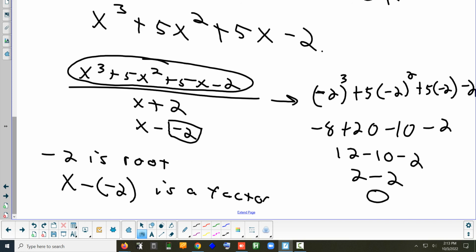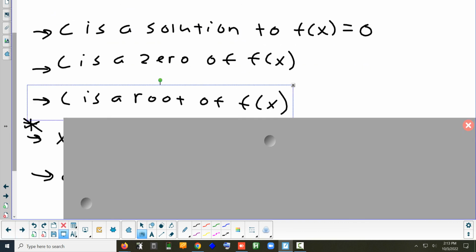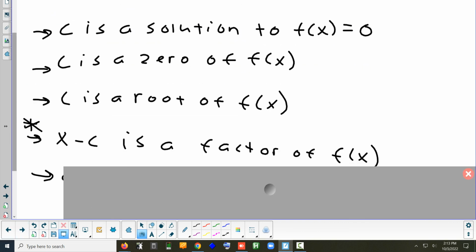Or you could say it the way Dominic did, x plus 2. So if you prove that a number is a root, then x minus that number is a factor. That's important. So if you prove that a number is a root using the remainder theorem, then x minus that number is a factor.